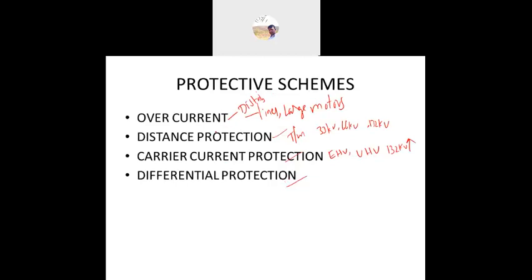Next we have differential protection, which is used for the protection of generators, transformers, and large size motors. So overcurrent protection, distance protection, carrier current protection, and differential protection each include different types.